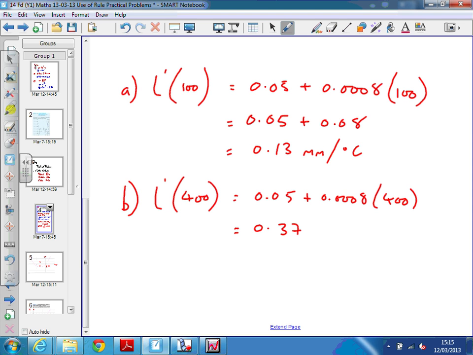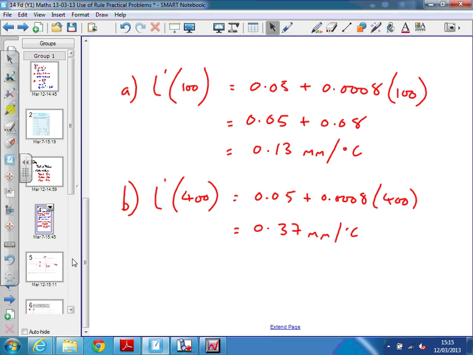Yeah, it won't, because the first bit will be the same, so it's not quite like that, is it? Millimeters per degree centigrade. So as it gets hotter, look, the rate at which the length is changing is increasing. Look at the answers. Okay, it's increasing at the rate of only 0.13 millimeters per degree centigrade at 100 degrees, but at 400 degrees, it's increasing at the rate almost 3 times that, 0.37.